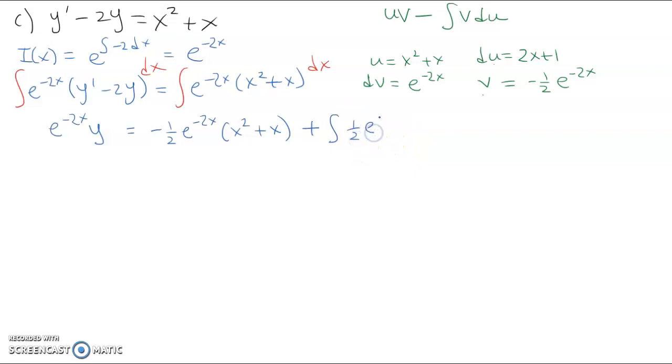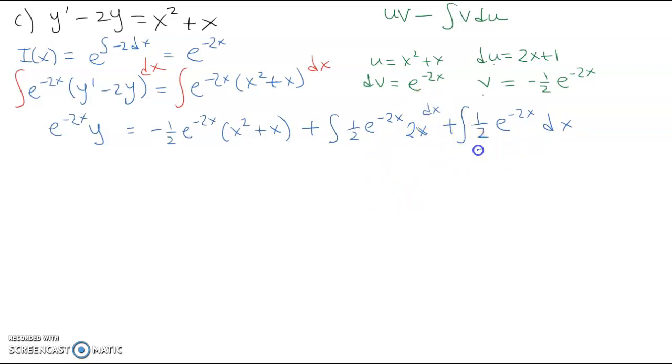We have 1/2 times e to the negative 2x times 2x plus 1. And I'm going to go ahead and distribute that. So we have this times 2x plus 1/2 e to the power of negative 2x. And I'm going to give this separately in integral form as well.